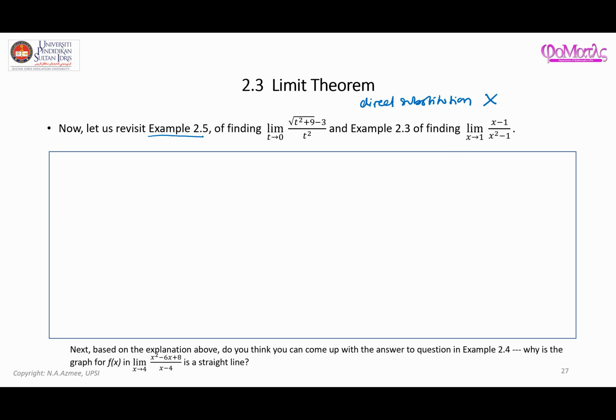The reason is that if you substitute t equals 0 into this function, you will have a problem computing the value. What you get is the square root of 0 squared plus 9, minus 3, over 0, and this is equal to 3 minus 3, which is 0 over 0.